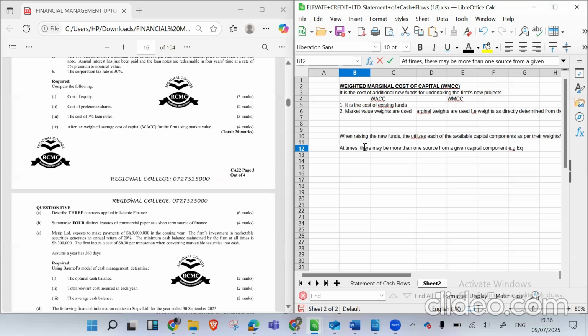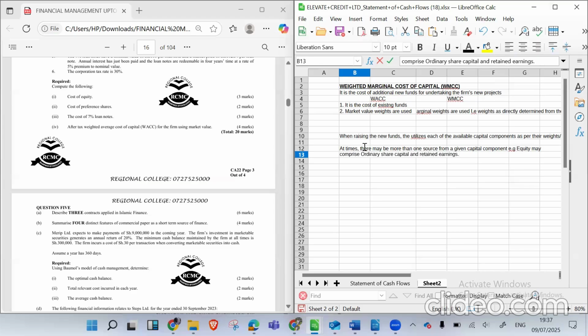E.g., equity may comprise ordinary share capital and retained earnings. So in this component called equity, we may have two sources: retained earnings, and ordinary shares.